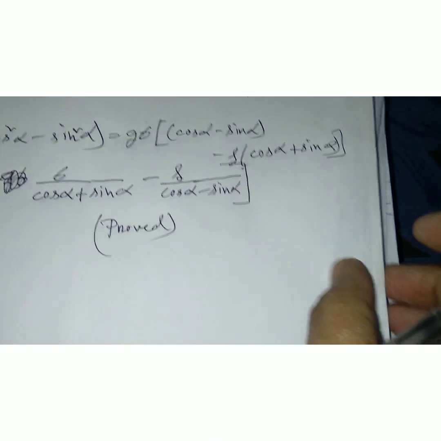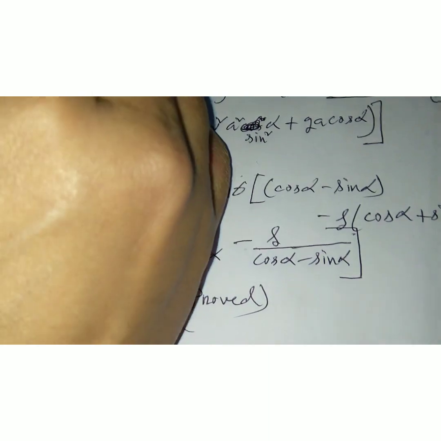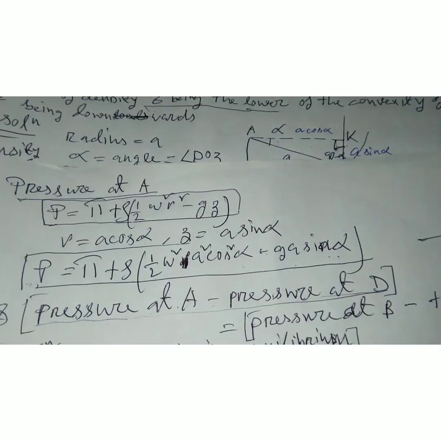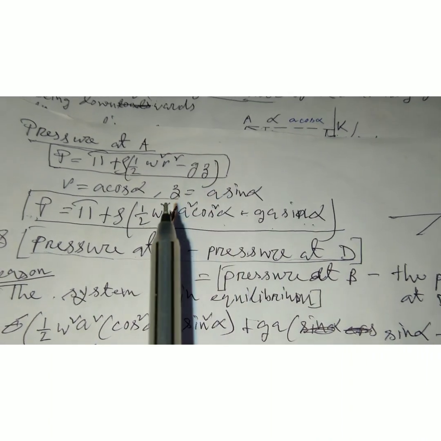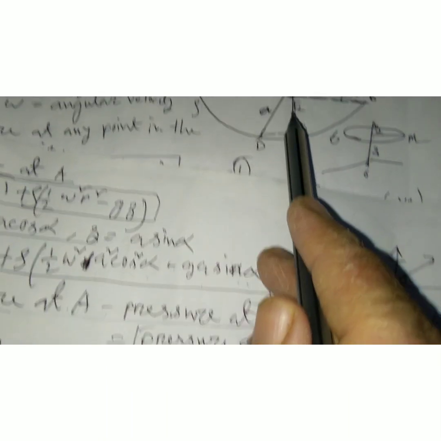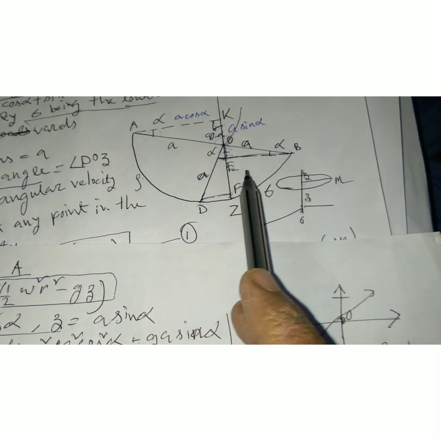Okay, pressure at A, what is the main stuff? You have to remember this formula, which I discussed in my first class. This problem is solved by this formula, and you must remember it. At first you have to draw this figure, and find the pressure at B and pressure at D with respect to sigma.